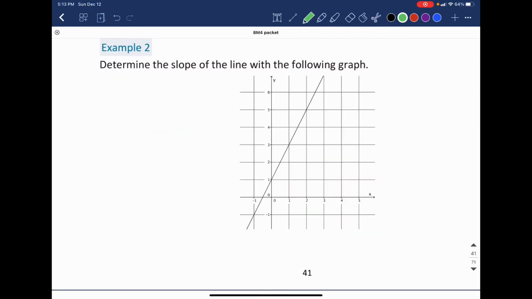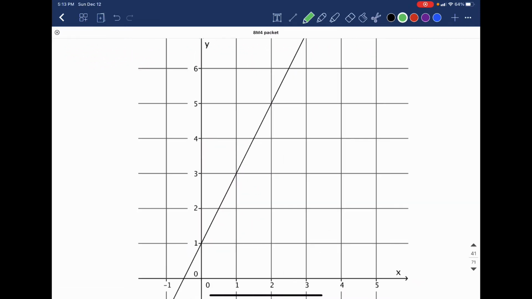Determine the slope of the line with the following graph. So let's pick 2 nice points. There's a point and there's a point. So the first point is I go over 0, up 1, and the second point is going over 1, up to 3. So I went from here to there. So my y is 2, my x is 1.